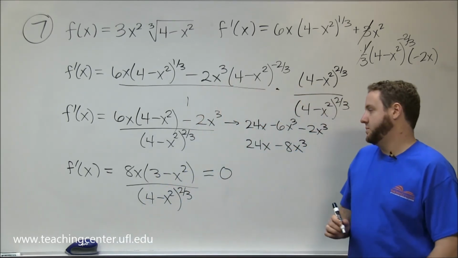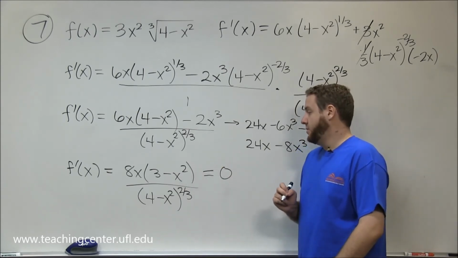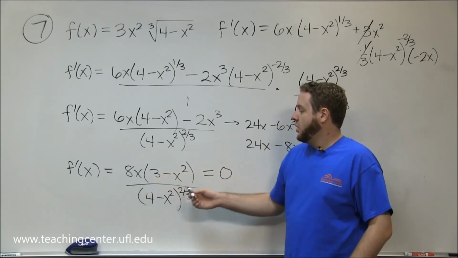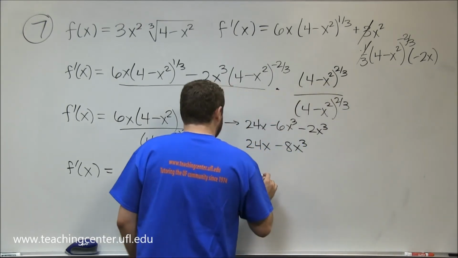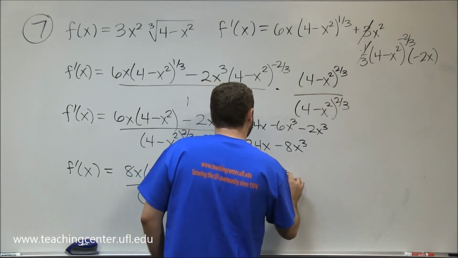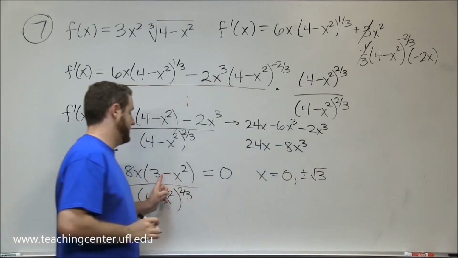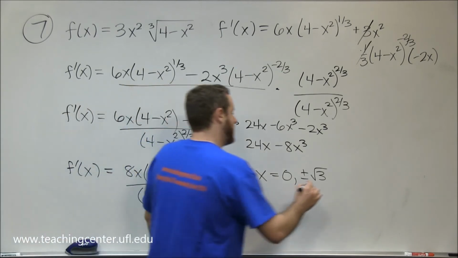Let's figure out where those would be. This is already factored for us, so that should be pretty simple. The numerator would be 0 either when x is equal to 0 or when 3 minus x squared is equal to 0. So that would be x equals 0 or plus or minus the square root of 3 to make this second term equal to 0. Those will be horizontal tangents.